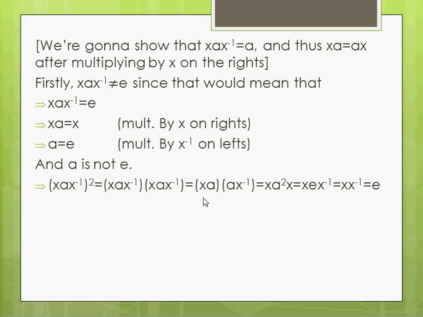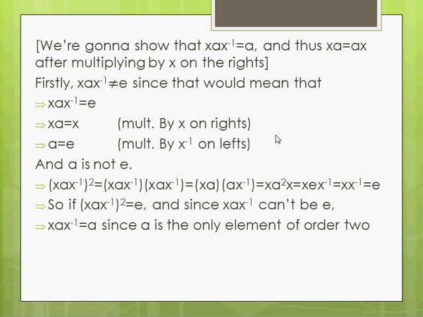Then we end up with XA times A X inverse, and A times A is A squared, and remember, we stated earlier that A squared is E, so all that turns out to be just E. So far we've shown that XA X inverse is not E, but when you square it, you get E. So if you square that element and you get E, and since it's not E itself, it is A, since A is the only element of order 2.